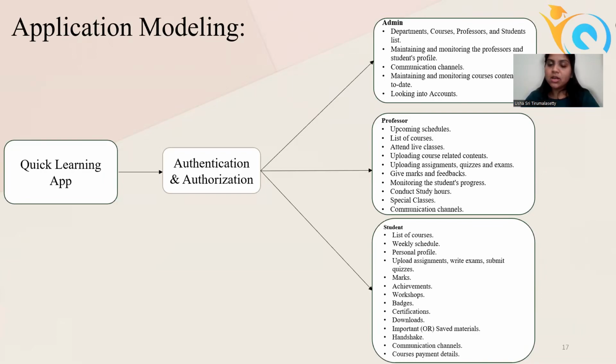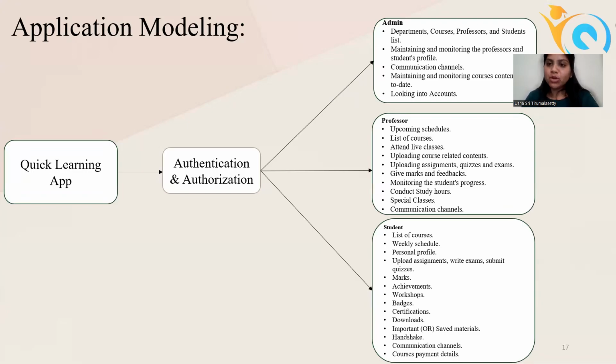Then if the admin logs in, he'll be able to see these kinds of features: whatever departments he has, the courses under each department, how many professors are teaching that particular course, and the list of students in that course under that professor.